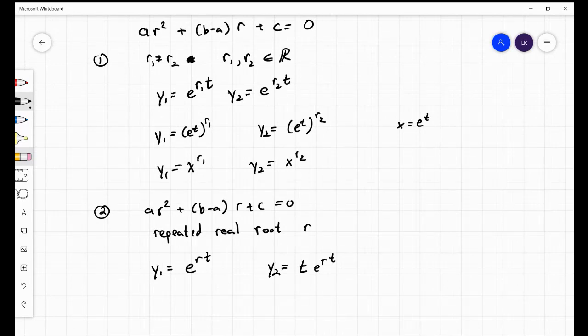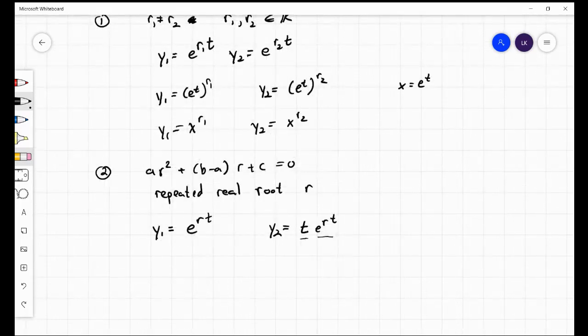Because t is the independent variable, and we already learned that for a constant coefficient second order differential equation, just multiply the first solution by t to get a second linearly independent solution.